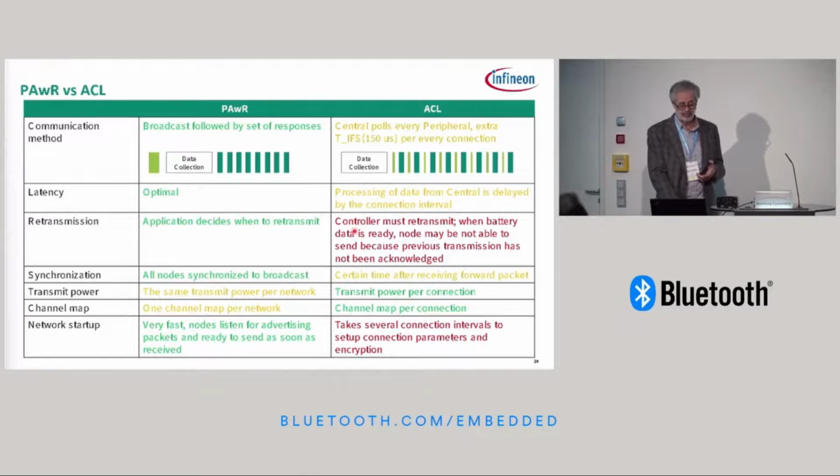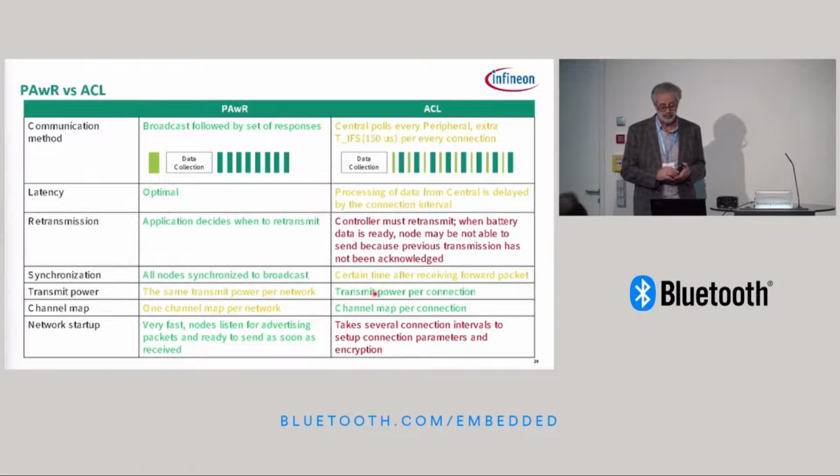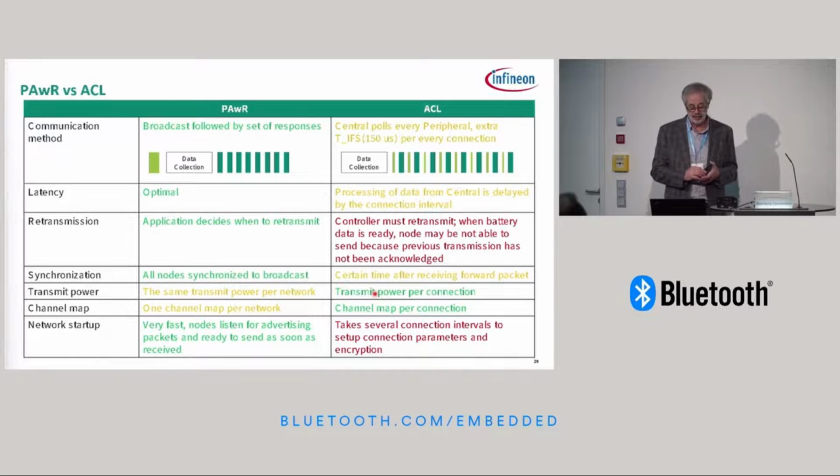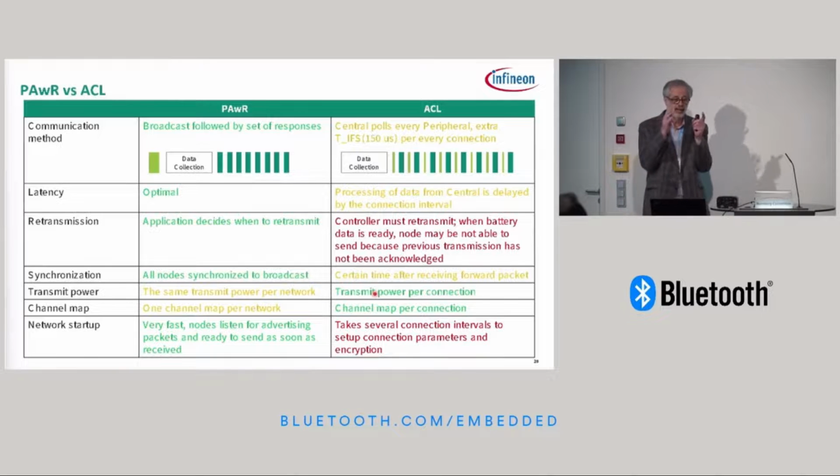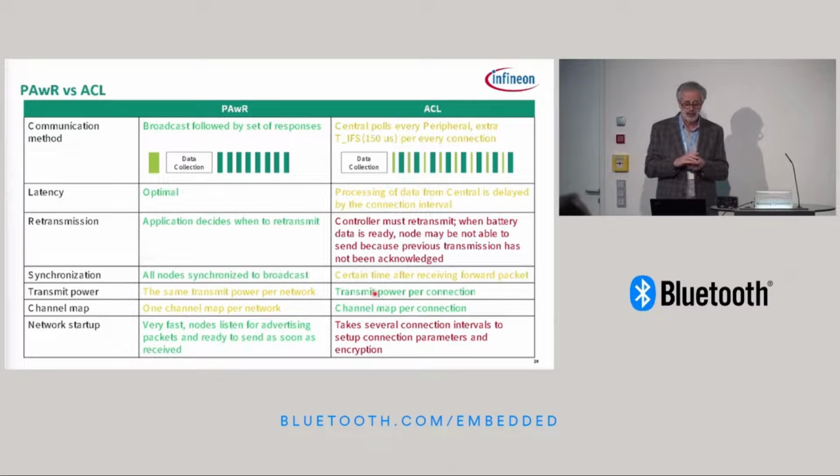Having said that, for the transmit power, if you have ACL, you can tell each device to use a different power, which is good. For PAwR, the same power is used for all nodes. But usually in this metal box, it's not really important.